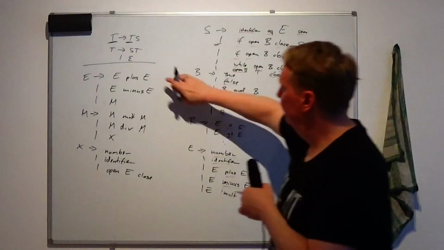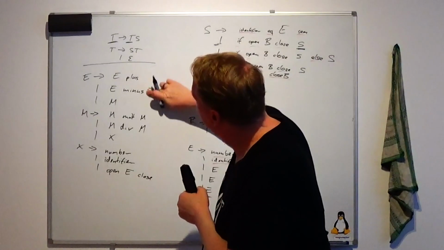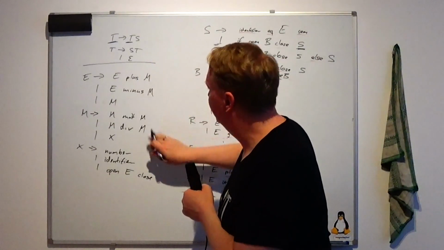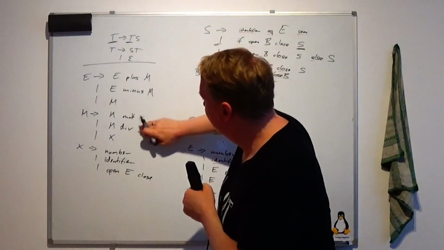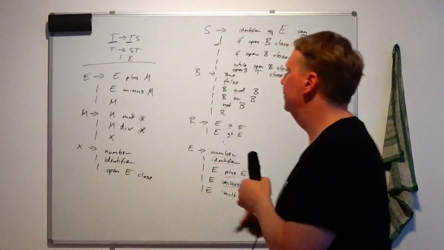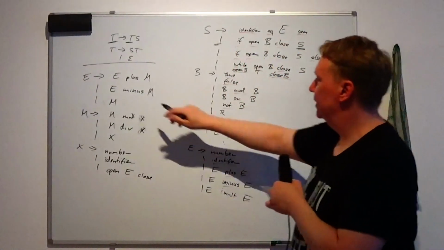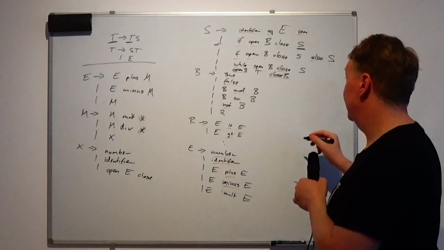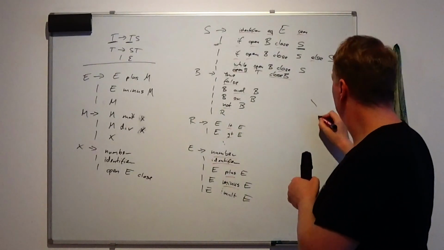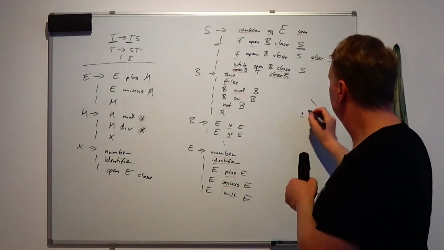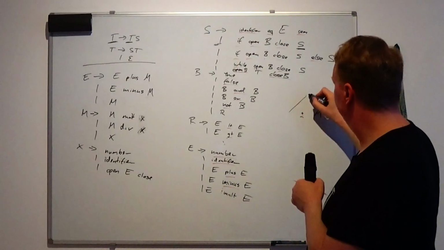So we can have the m here, and here we put the x. And now if we generate this m plus m plus m plus m, then we are forced to have this last m in the last step.